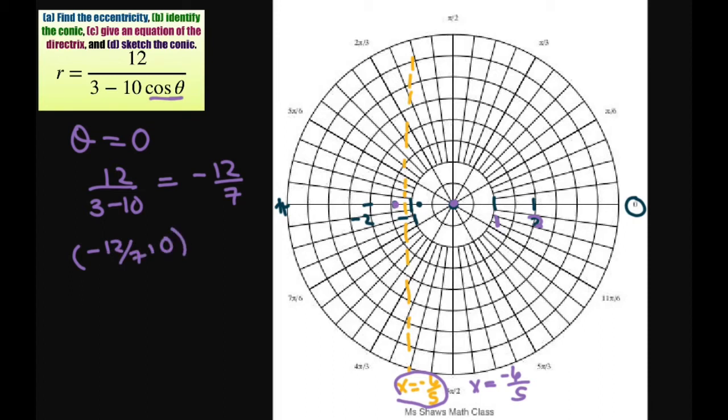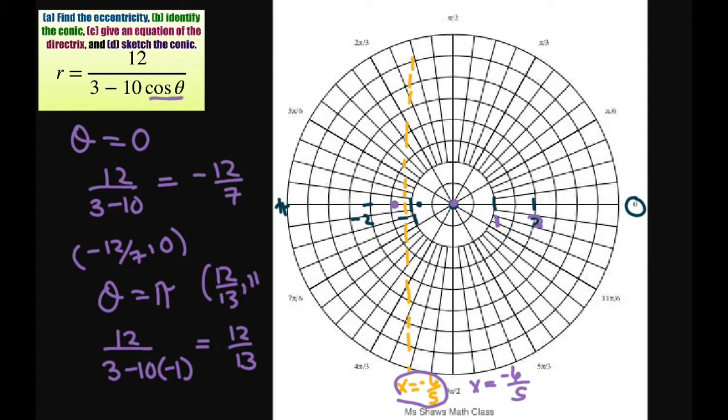And for pi, we get 12 divided by 3 minus 10 times negative 1, which gives me 12/13. So we have 12 divided by 13, comma pi.